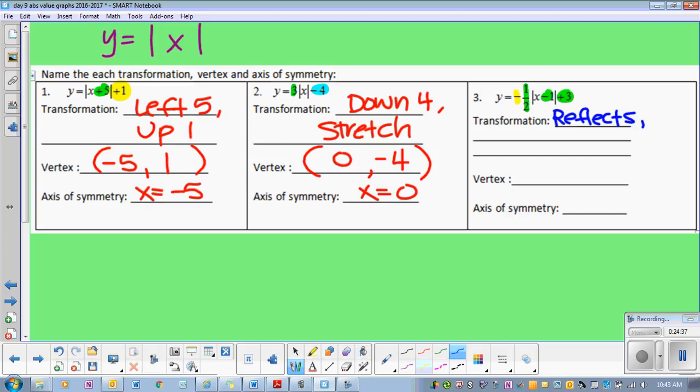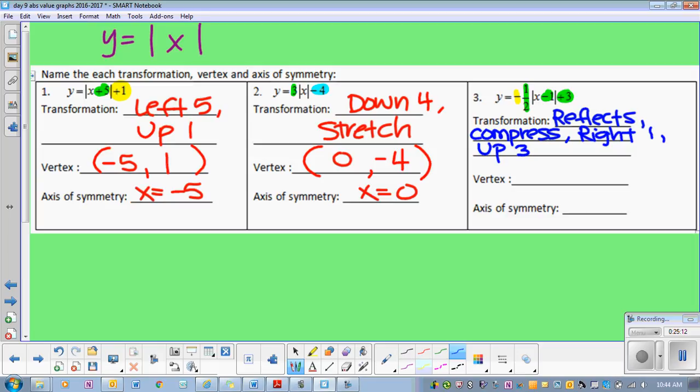The 1/2 tells me that it compresses. That x minus 1 tells me right 1. Good. And then that +3 on the outside tells me up 3.